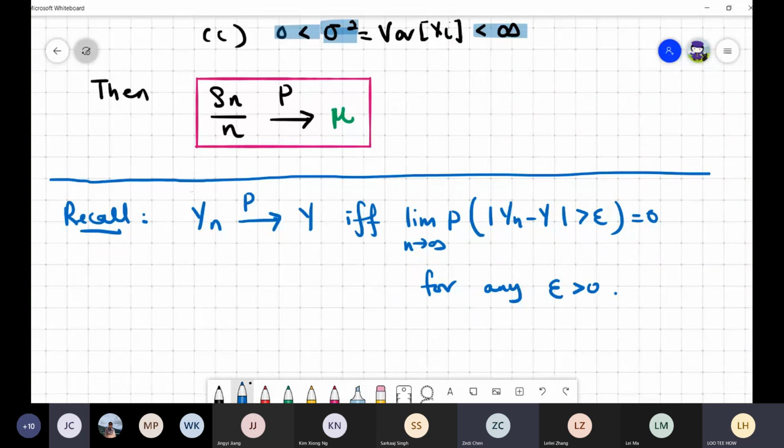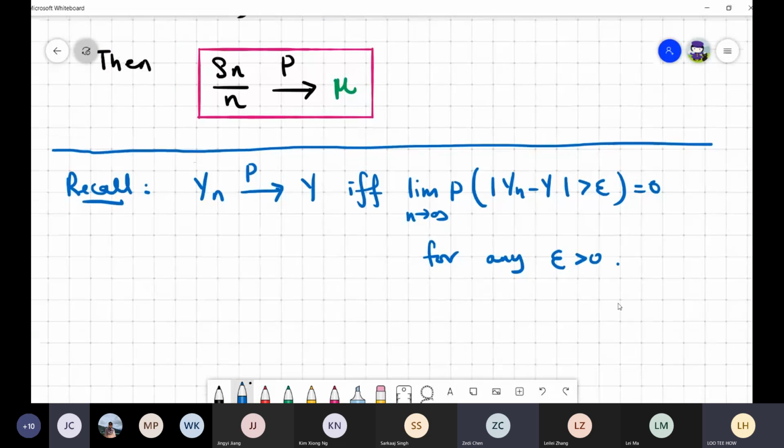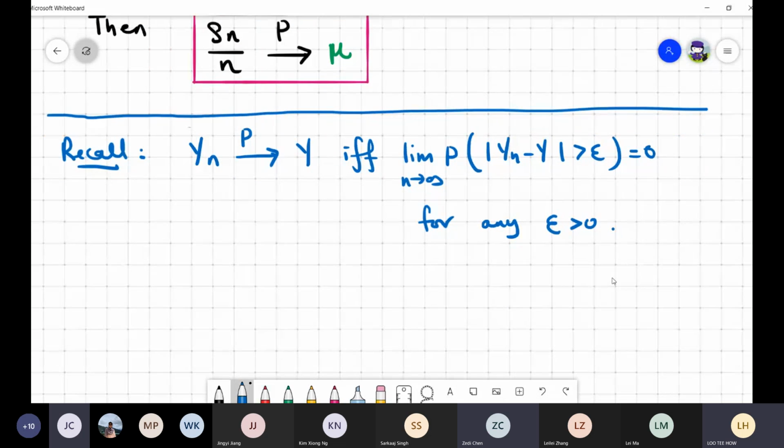This is the definition for convergence in probability. That's why this is something that we need to verify over here. Then we can look at a proof for these theorems.